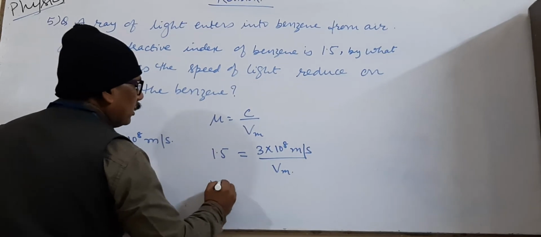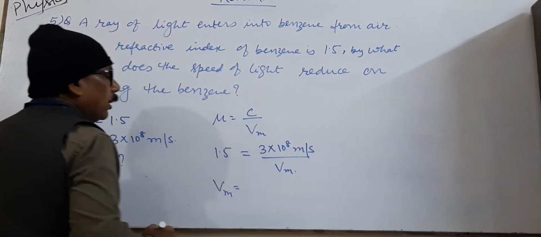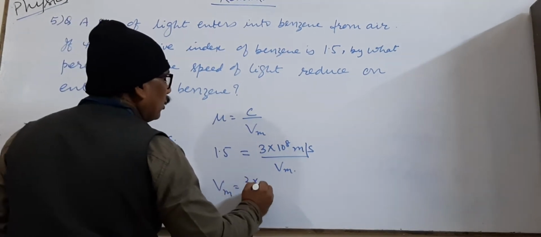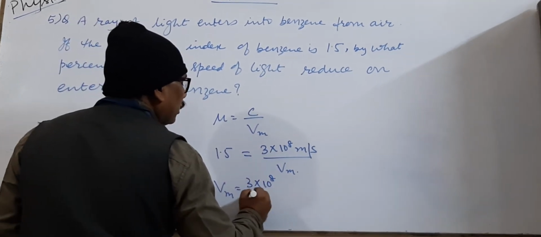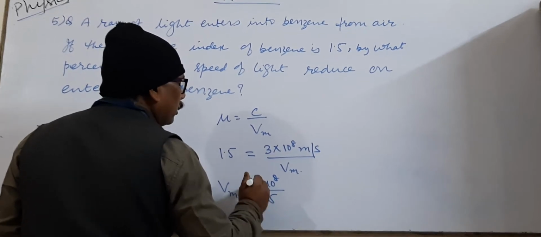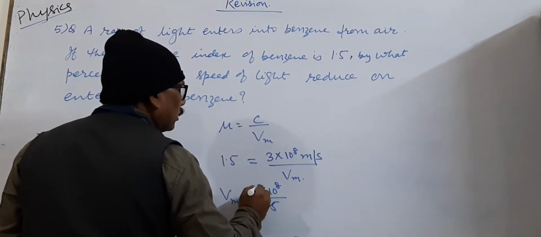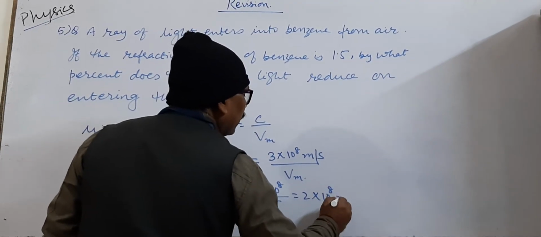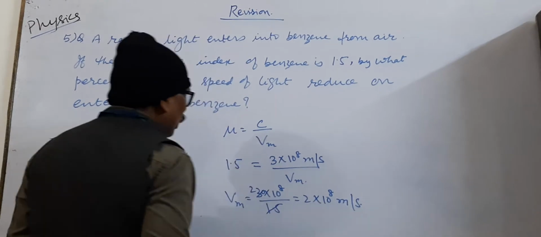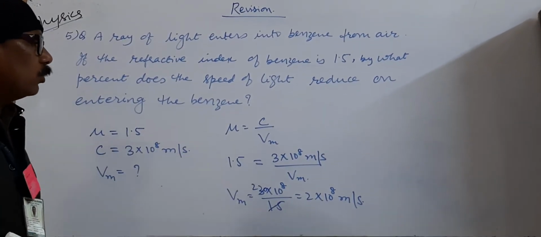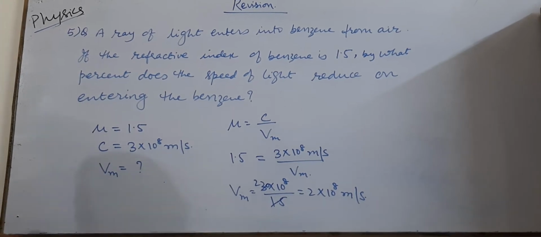C is 3 into 10 to the power 8 meter per second upon Vm. Now velocity of light in the benzene medium will be what? 3 into 10 to the power 8 upon 1.5. You remove this point, you put here 0, that is 2, that is equal to 2 into 10 to the power 8 meter per second. Now you have found that velocity of light in benzene medium is 2 into 10 to the power 8 meter per second.